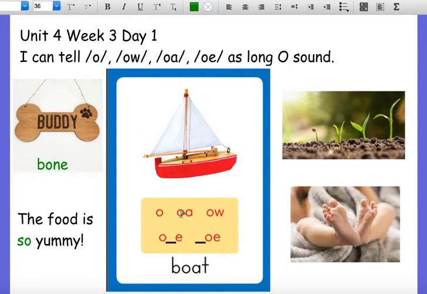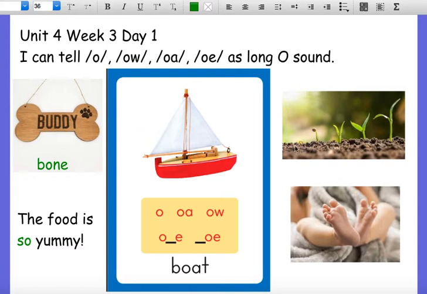Also, the long O sound can be OA. For example, this is a picture of a boat. Boat has a beginning sound B, middle sound O, and ending sound T. Boat. Also, we have O as OW.